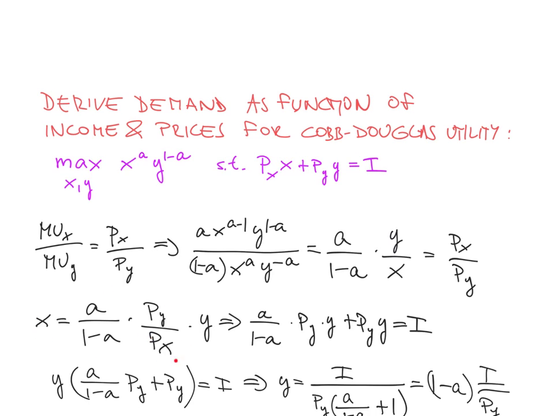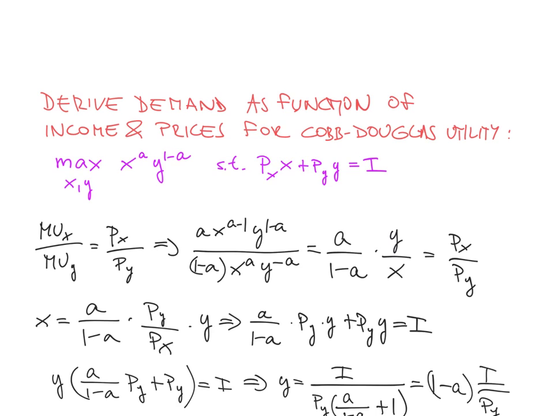And what happens is this price of x cancels. And what we are left with is a over 1 minus a times py times y. So this is price of x times x, except we substituted in what we got for x already. And then we add price of y times y. And that should equal income.